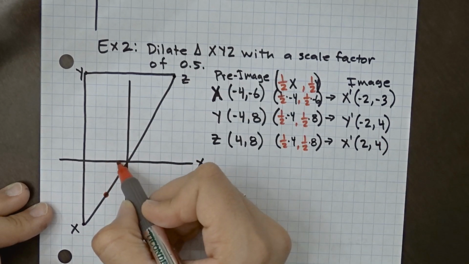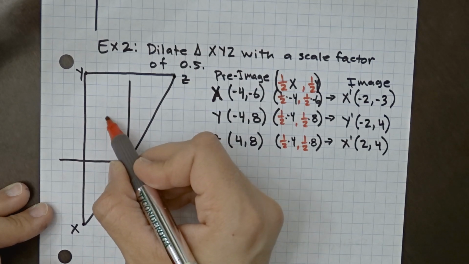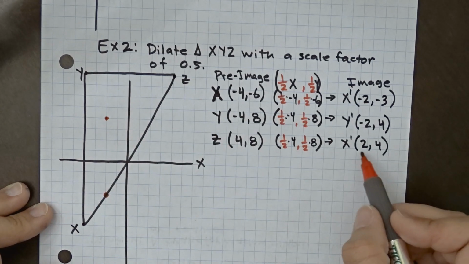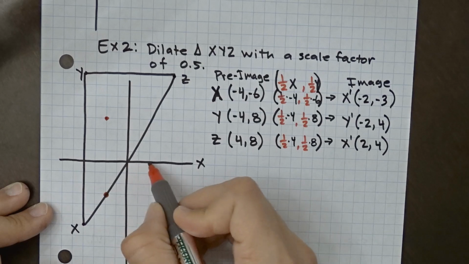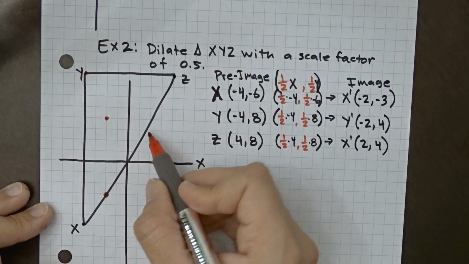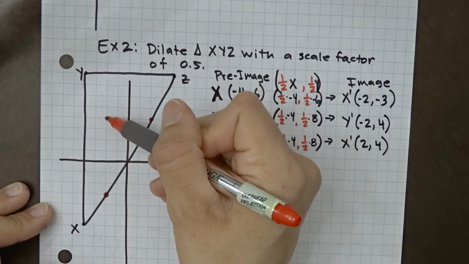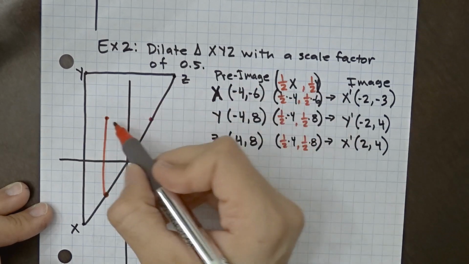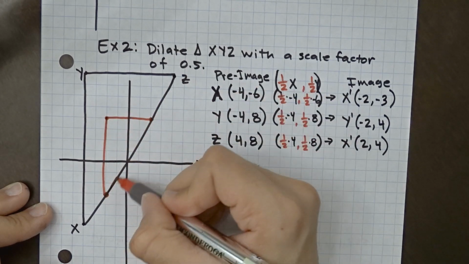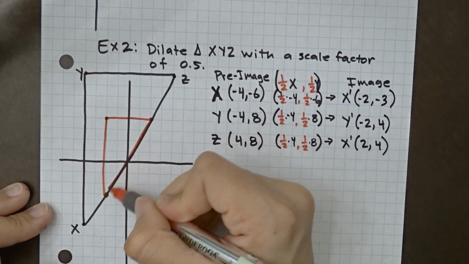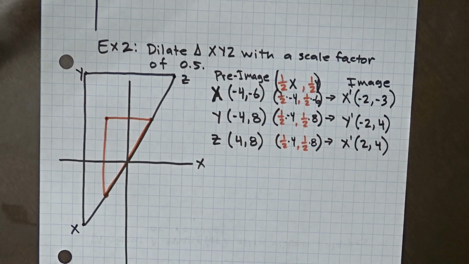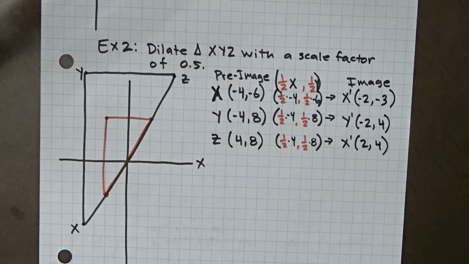Positive 4. And 2, 4. So there you go. It shrunk, right? It reduced the image by a factor of half.